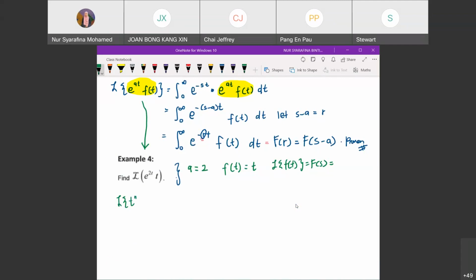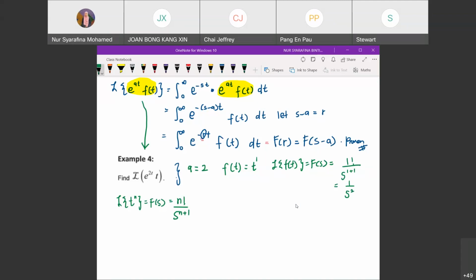So now we have t, which is t to the power of 1. So here we will have 1 factorial over s to the power of 1 plus 1. So you will have 1 over s squared. Is that clear? Follow the table of transformation.